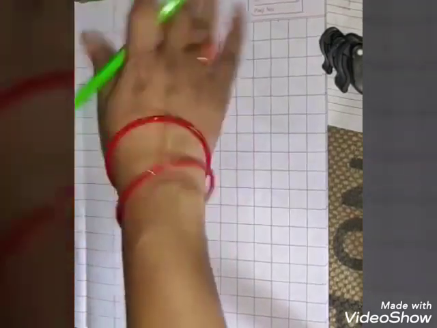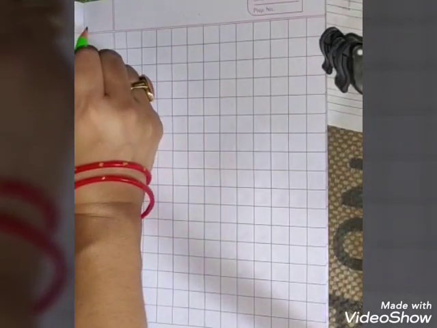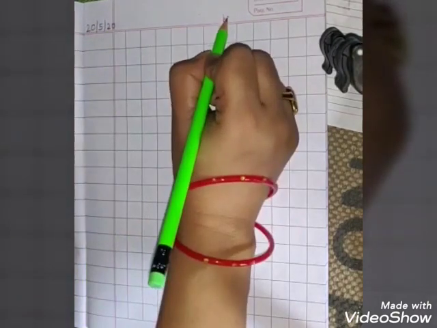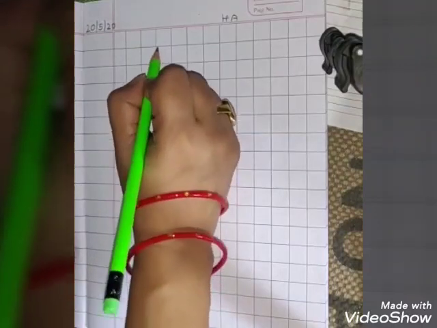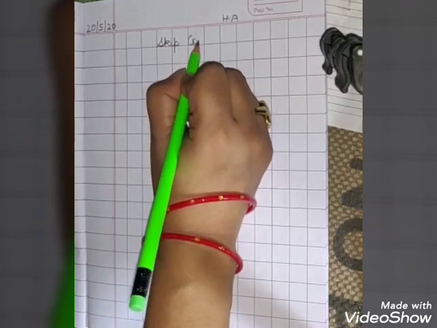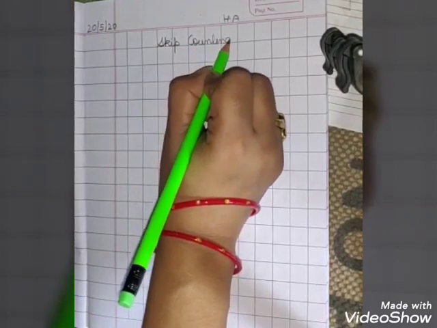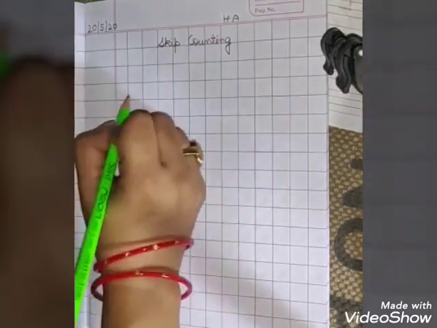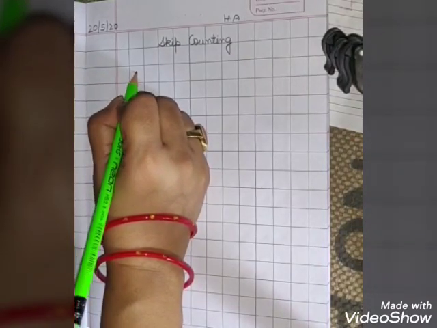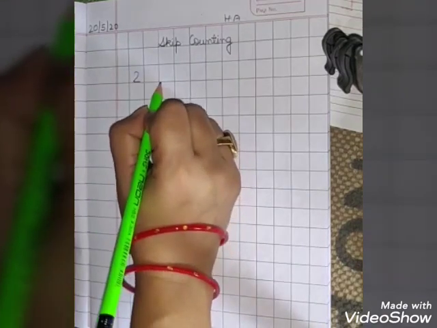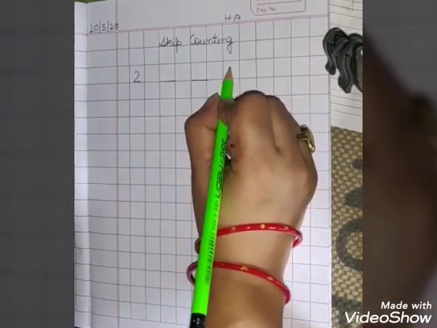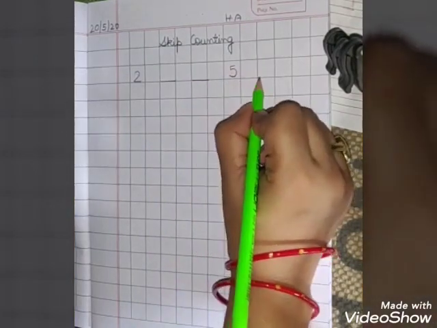This is skip counting. For this again you write down today's date. Today is 25/20 HA, and then write down skip counting. Okay, so here we will write numbers like 2, dash, dash, 5, dash.